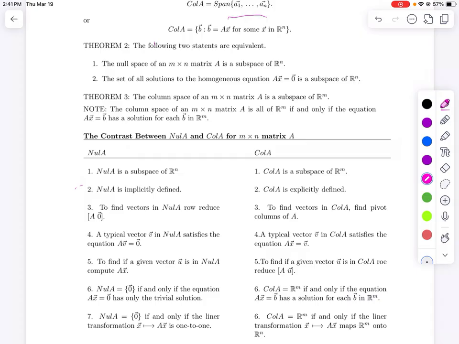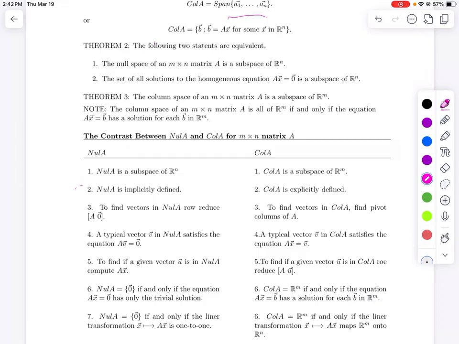Remember the matrix A augmented by the zero vector. We can find the solutions for the null space. To find vectors in the column space of A, find the pivot columns of A. That will make up the basis of the column space.